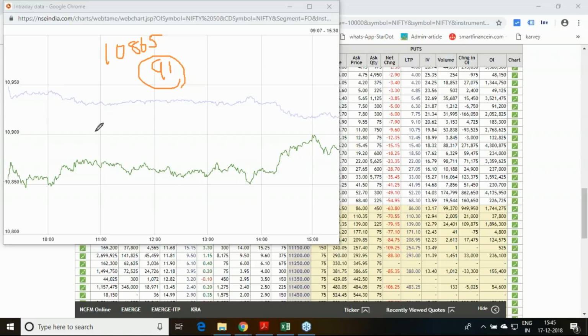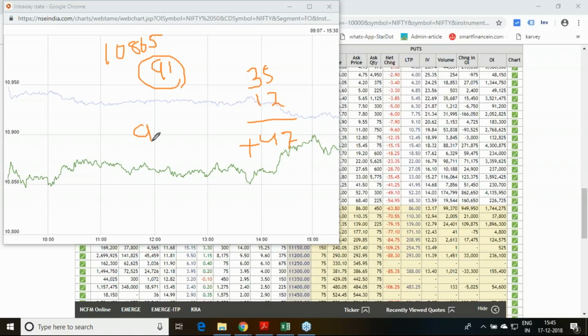So if you see today's closing basis at 912, here 35 points rounded to 10,900, and another 12 points we have. So you have a 47 point profit in the future, and at the same time the option is at 68 rupees.